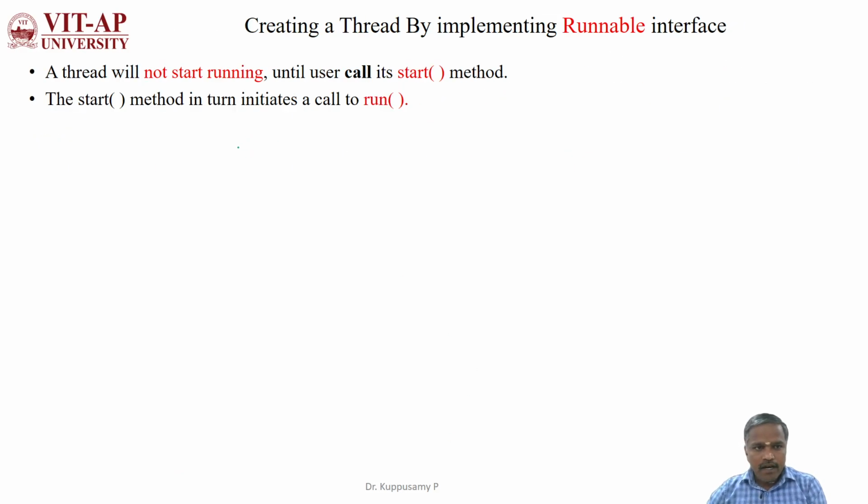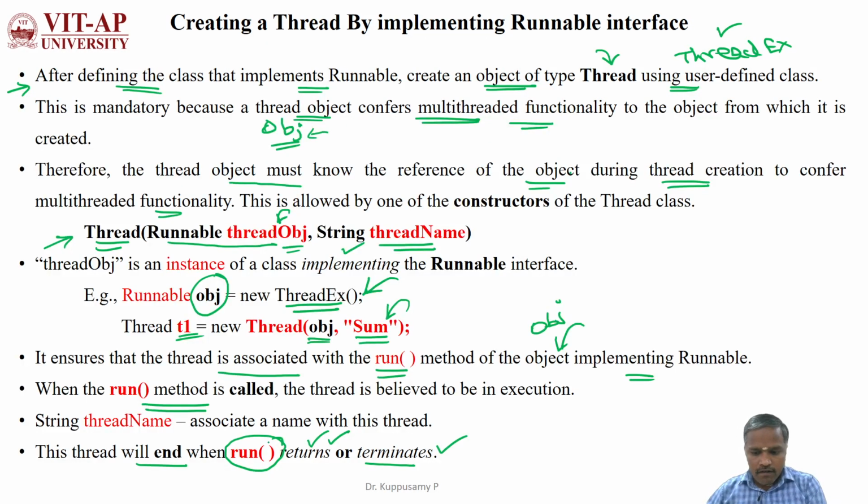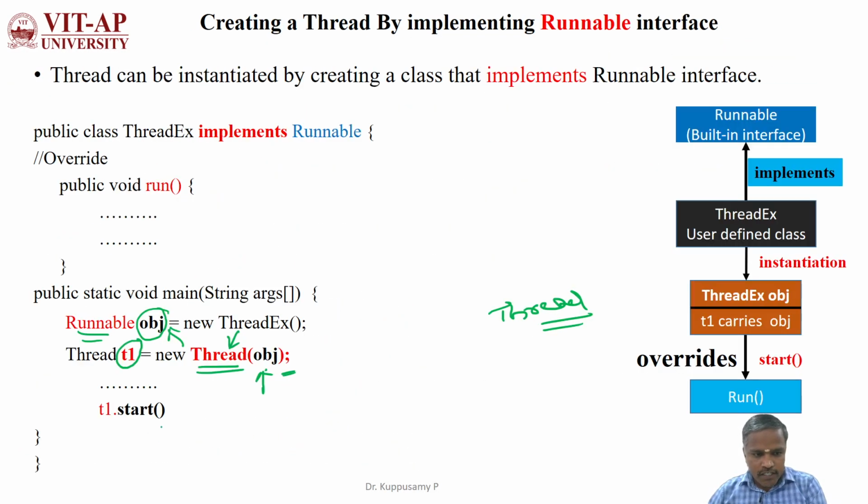Based upon that, we see the thread will not start running until the user calls the start method. That means here we are using t1.start. Until then, the run method will not execute.